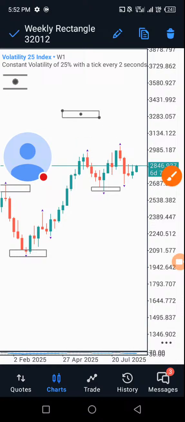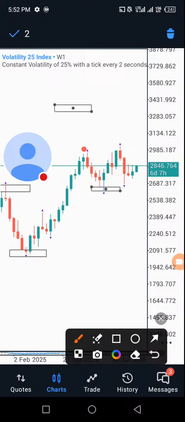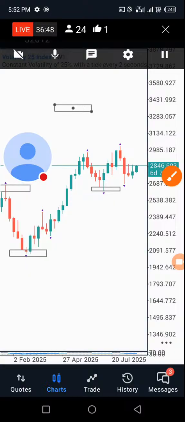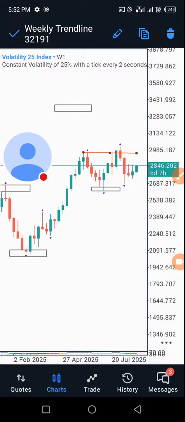So remember, guys, that this break of structure here is actually valid because market closes above it. Okay, so we are just going to highlight that here. You can see it here. So you can see that market actually closed above that, guys.